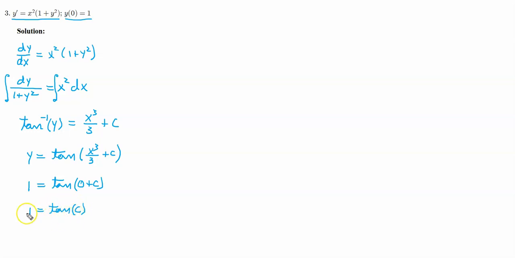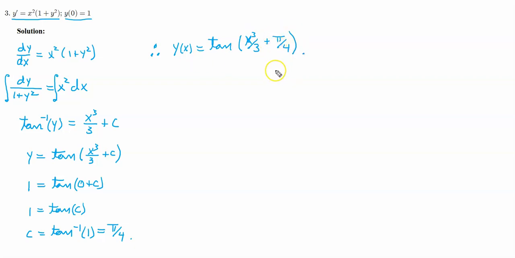So c is going to be the arctangent of 1, which of course is pi over 4. So from here we have c equals arctan 1, and therefore this is the solution to the initial value problem. And there you go. That's our solution.